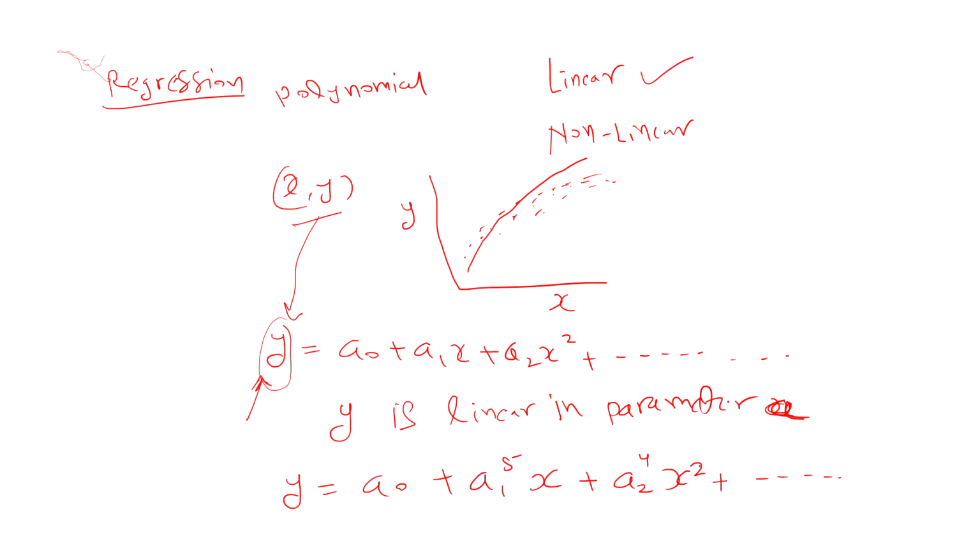Now here this y is not linear in this parameter a, so this will be non-linear. Now since we are only talking about linear regression in this video, we will talk about this functional form.